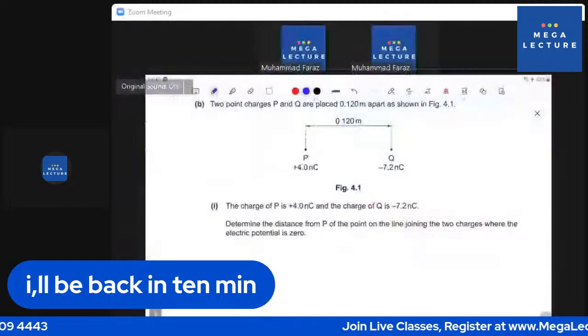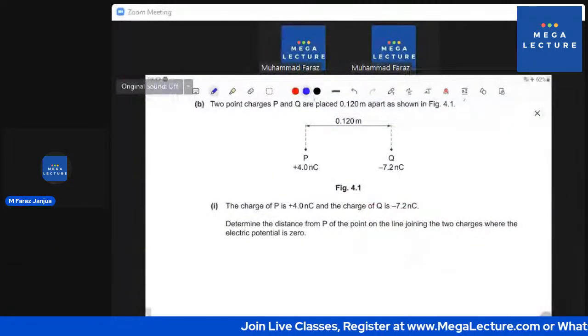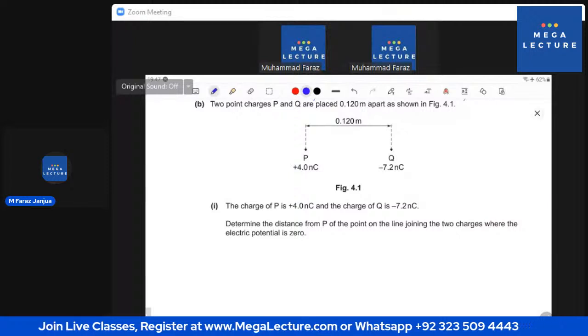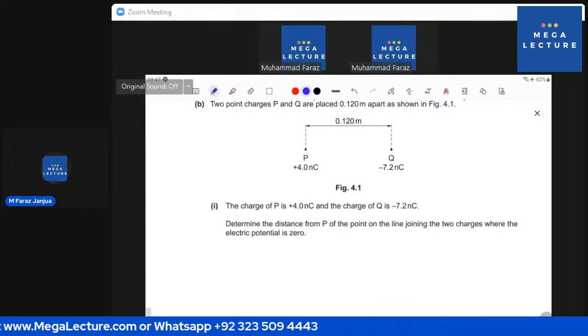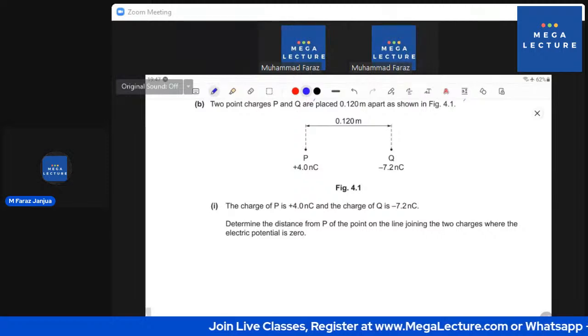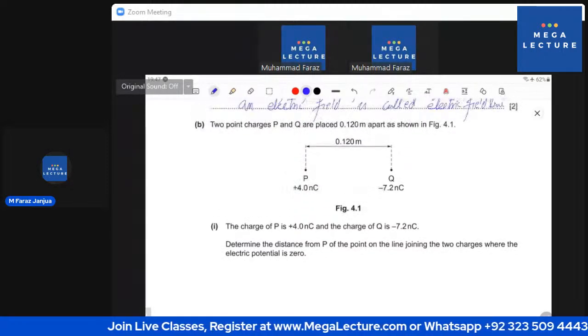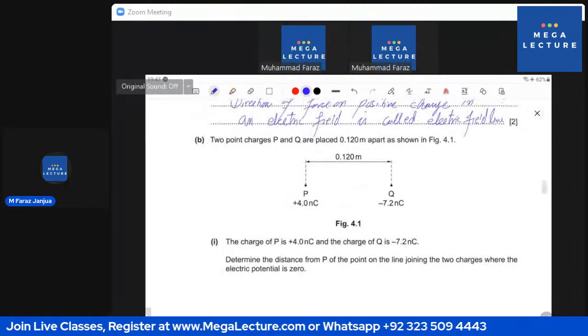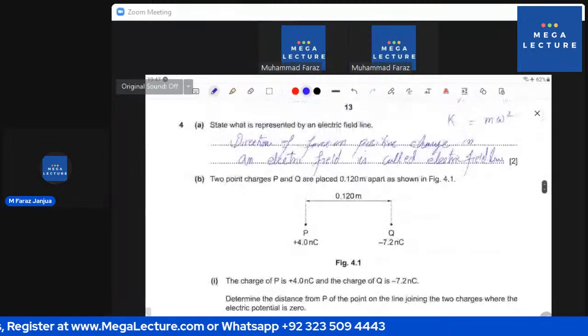Okay, I'm back. Now, this question is about electrostatics and electrostatic forces. Two point charges, plus 4 nanocoulomb and minus 7.2 nanocoulomb, are 12 centimeters apart.